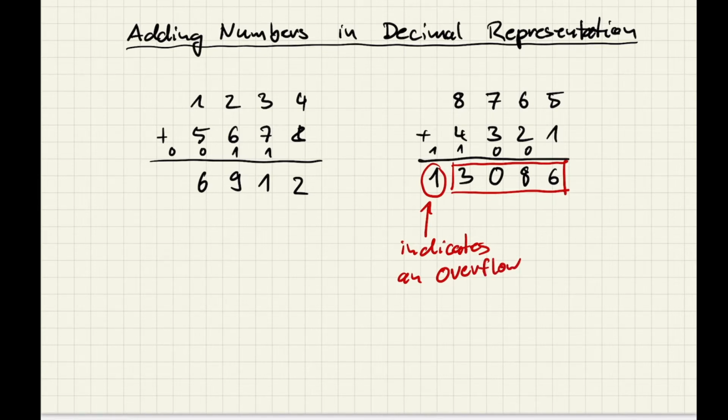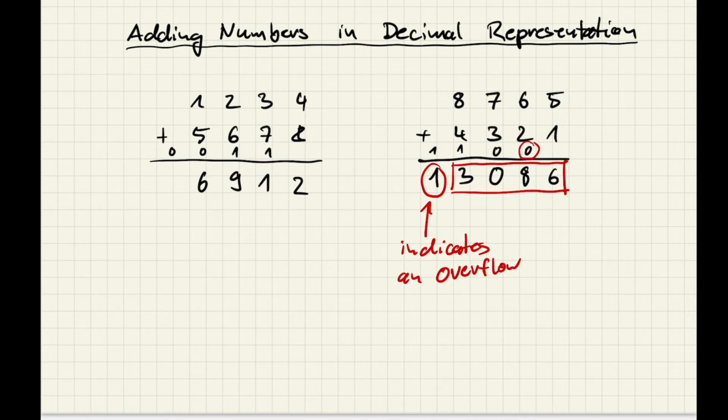Now I want to look at this example a bit more generally, and that means for an arbitrary base b, and I want to convince you that many things are still the same. For example, that you only have carries of either 0 or 1.